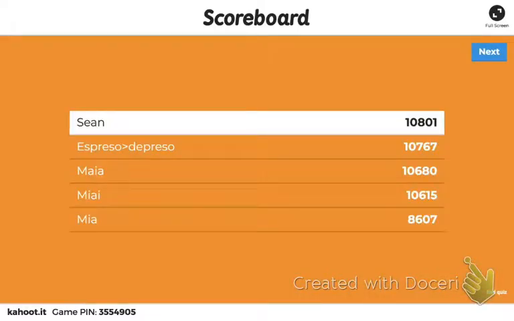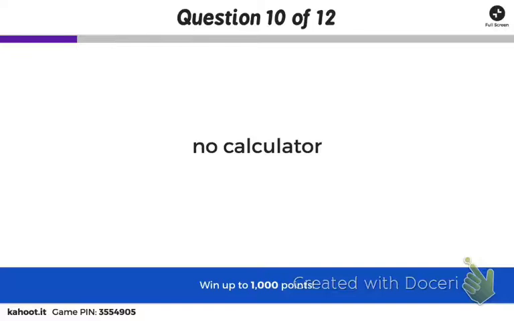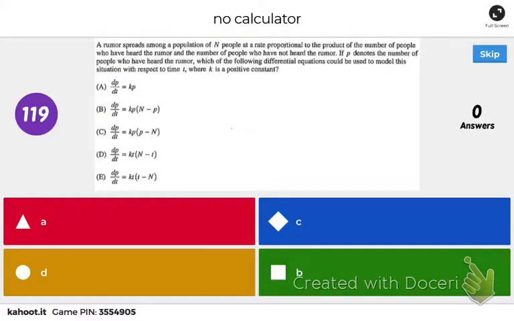Yep. Oh, the pineapple is gone. 3 Mayas. All right, here we go. Question 10. You actually might have to read a sentence or two.